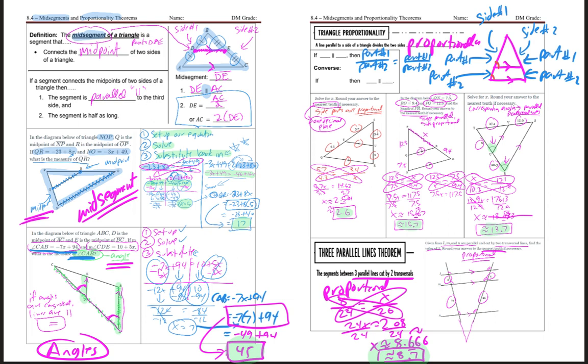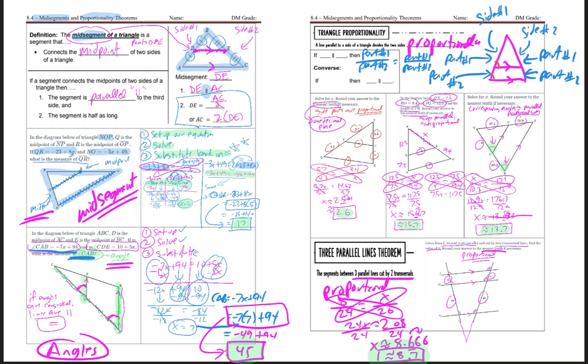Next, we talked on our last day, section 8.4, about midpoint and triangle proportionality. Okay, so if this is the middle of a side of a triangle, and this is the middle of this side, and we know it's the middle because we have the same amount on each side, right? If that's the same on that side, that has to be the middle. If those are both the middle, then these have to be parallel.